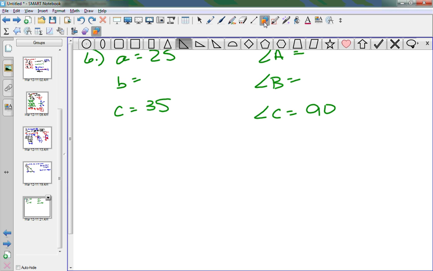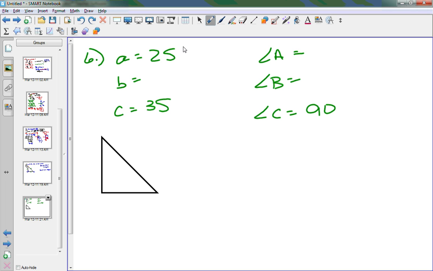Well, I'm going to simply just draw my triangle. There's angle C, angle A, angle B. This is going to be 25. This is going to be 35. What I don't know is going to be letter B. So how would I find letter B?